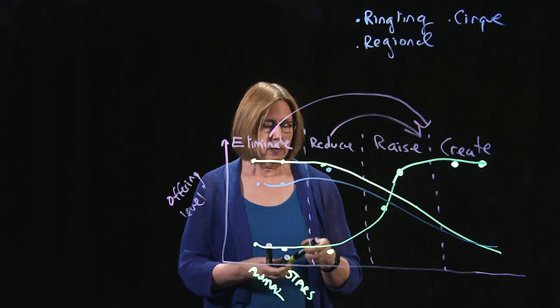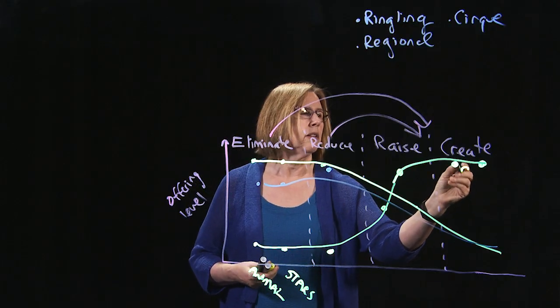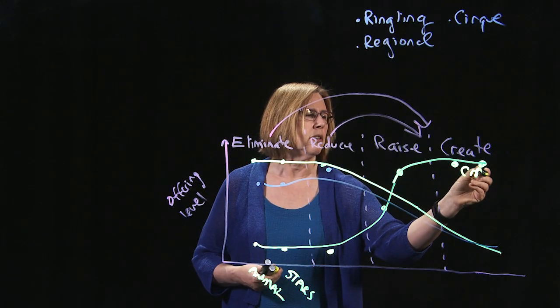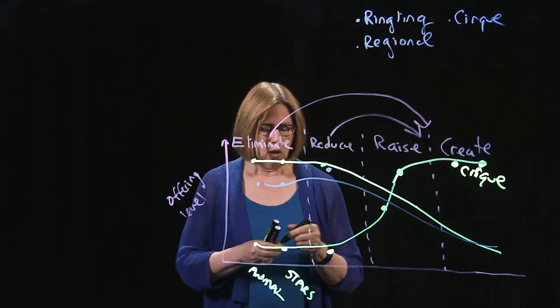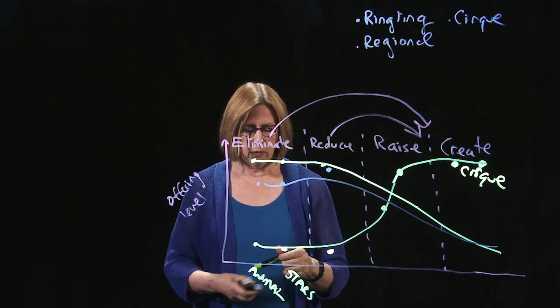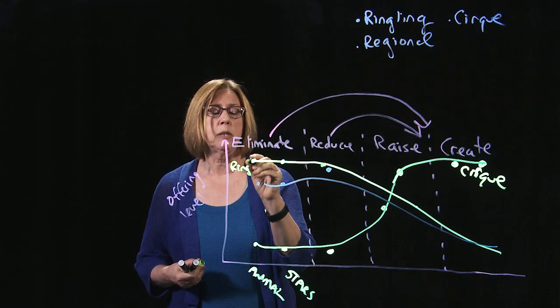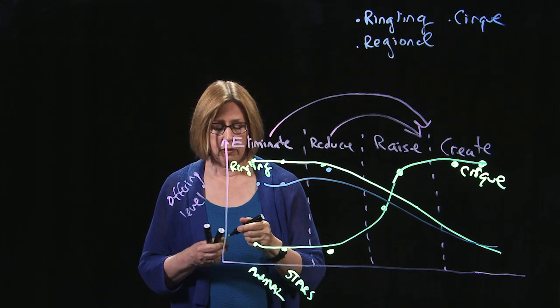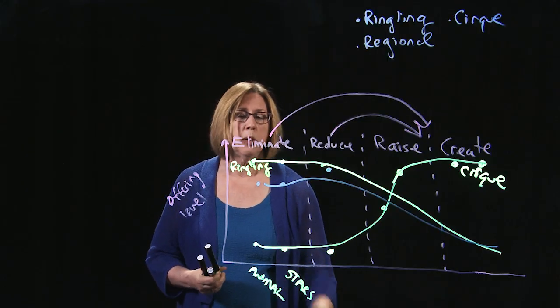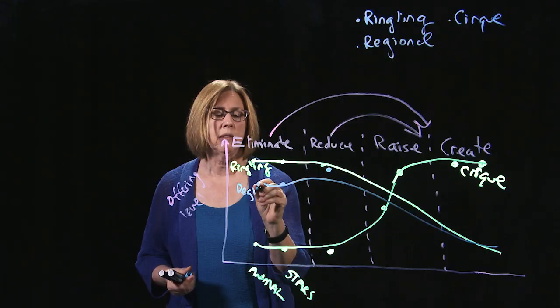So here we have Cirque du Soleil, which has become a worldwide phenomenon, while our friends at Ringling Brothers are experiencing bankruptcy now, and we have fewer and fewer of the regional circuses.